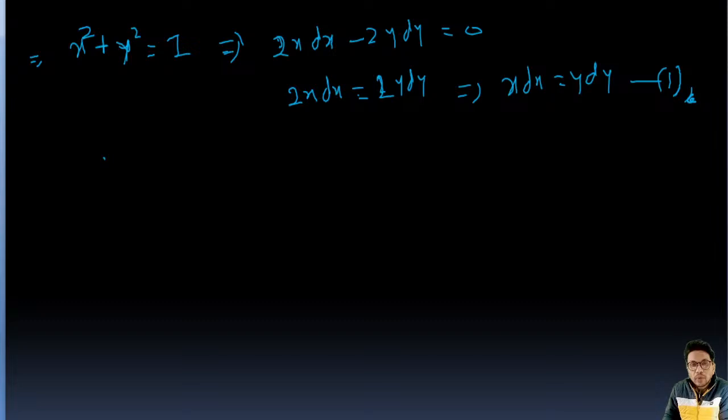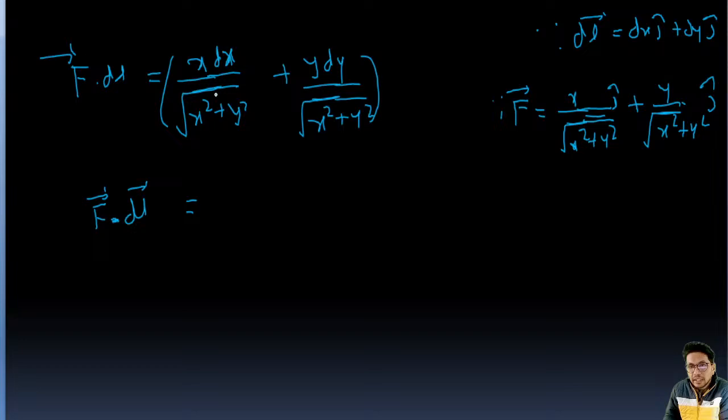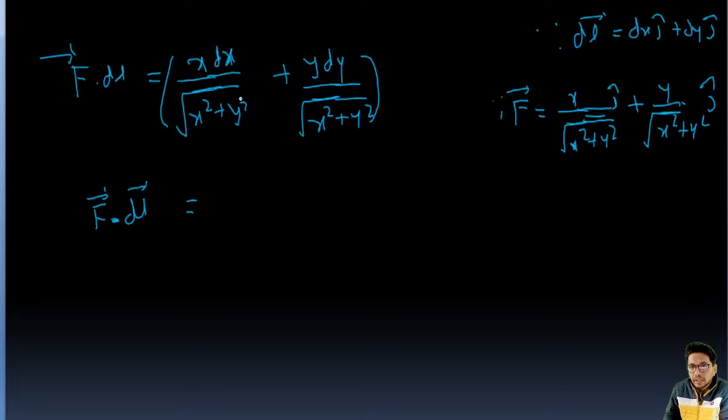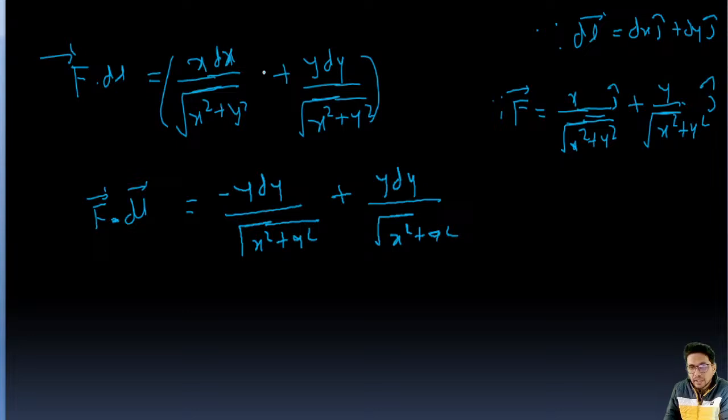So here we write F dot dl as minus y dy over root x square plus y square plus y dy over root x square plus y square.